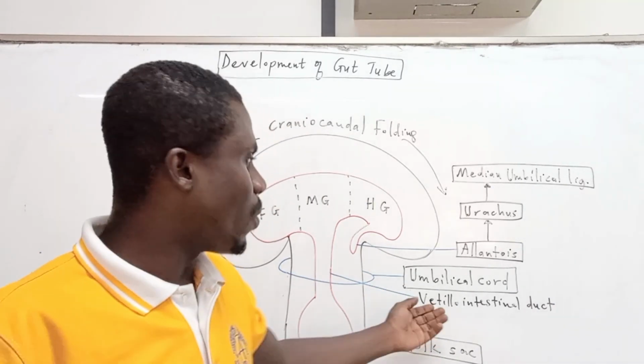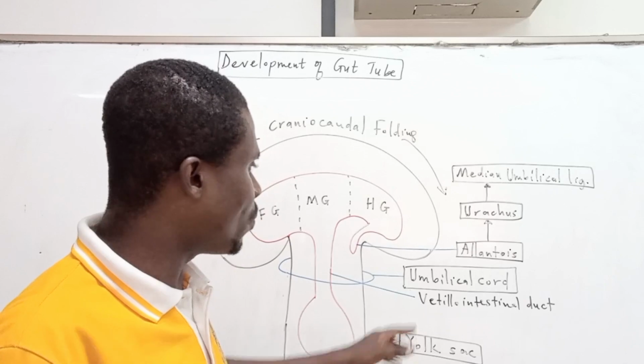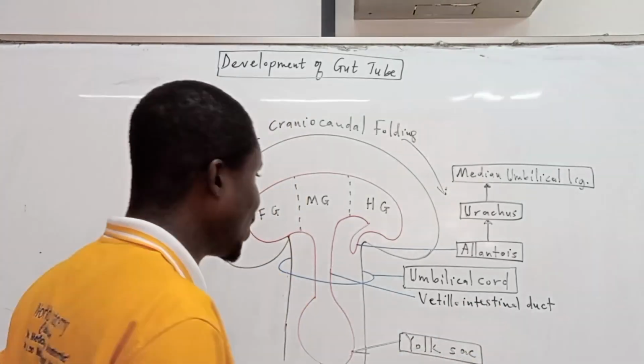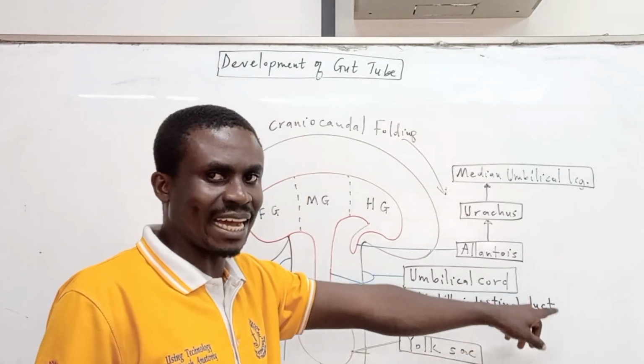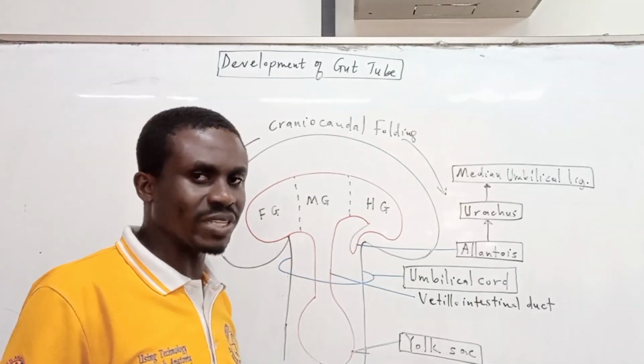Something we can also call the omphalo-mesenteric duct. You can also call it as such. So there's the vitello-intestinal duct, which serves as a connection between the midgut and, of course, the yolk sac.